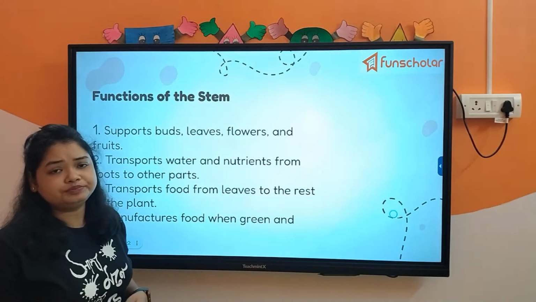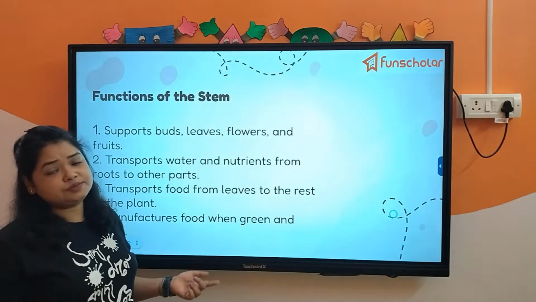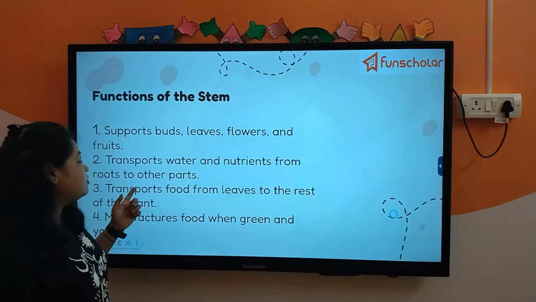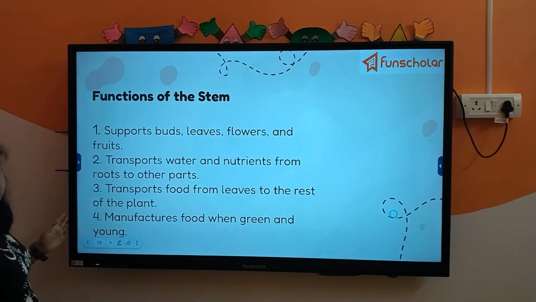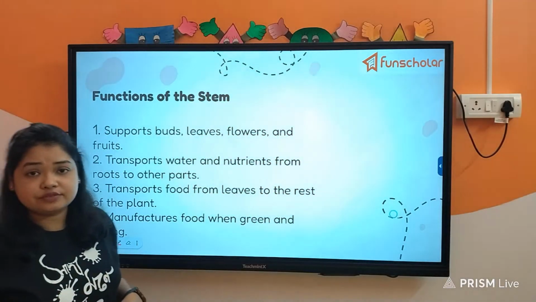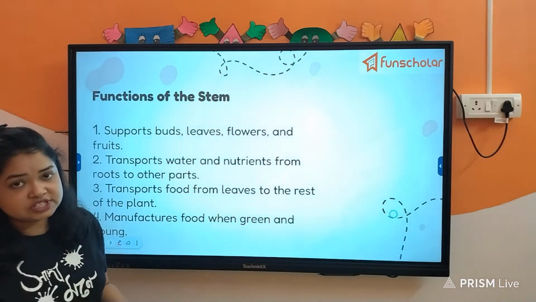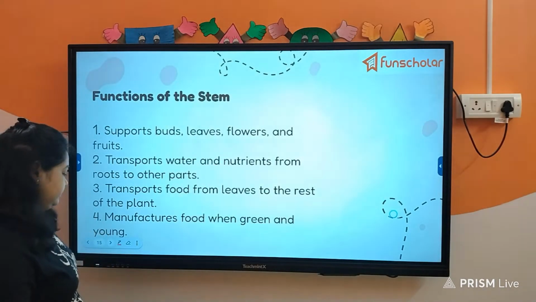And also the food that is prepared by the leaves is transported with the help of stem only to all the other parts of the plant wherever it is required. And whenever it is green in color, it also performs photosynthesis and produces food. And also, nonetheless to mention, it stores food just like the underground stems.